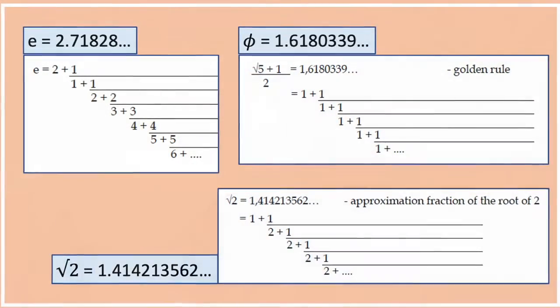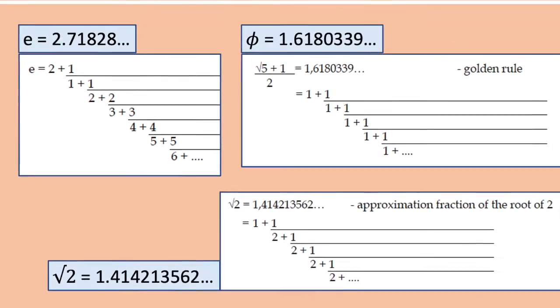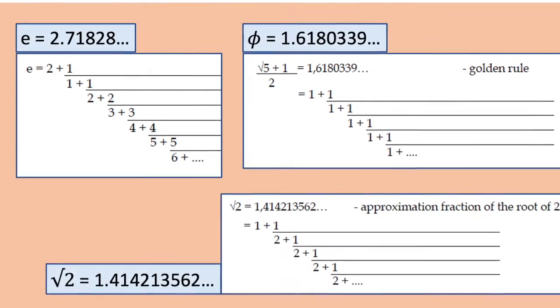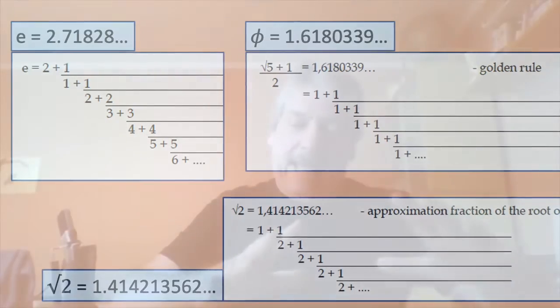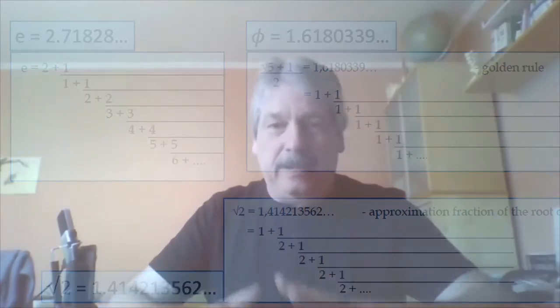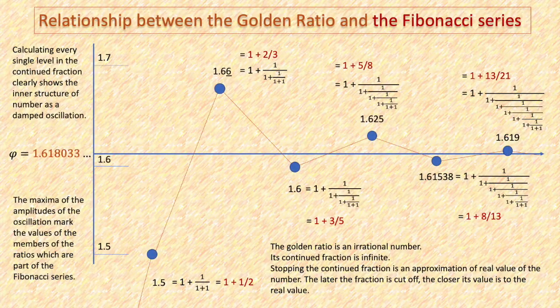A continued fraction is something that can represent the value of a number as an oscillation. So we would see that the nature of the number is an oscillation. And these numbers can also be transformed.